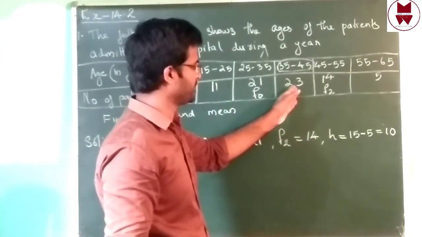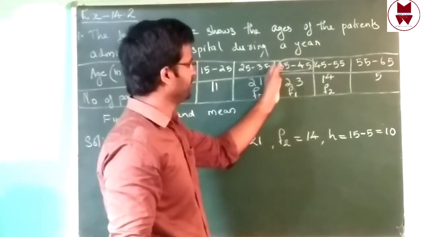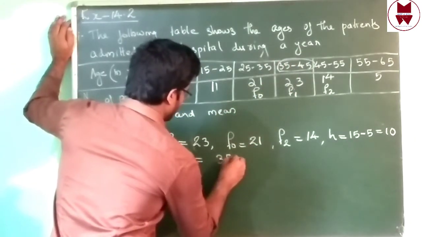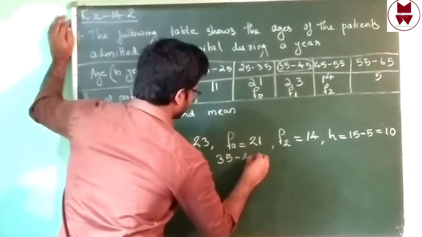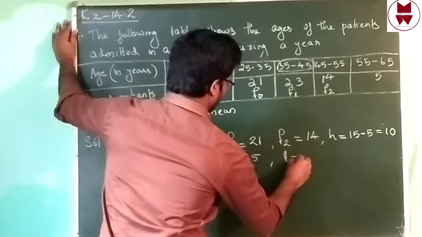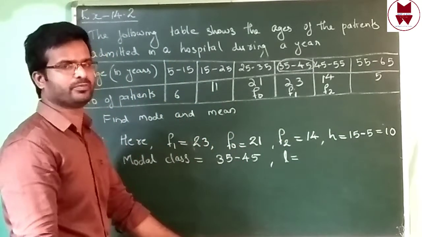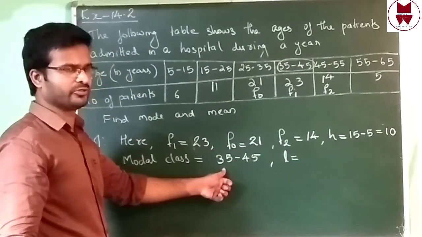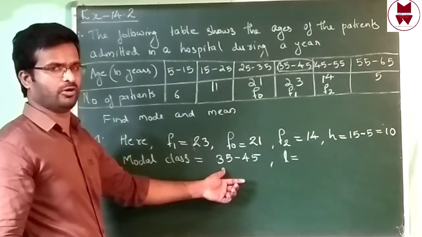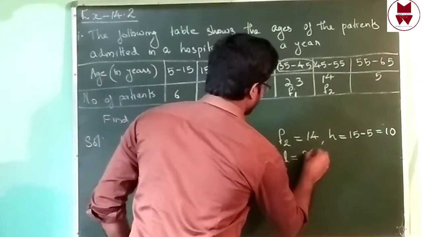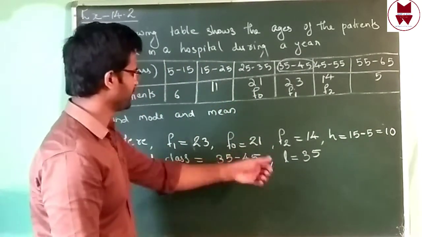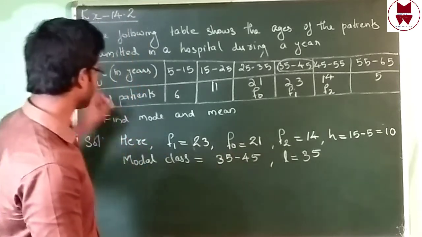Here the highest frequency is 23, and at the same level the interval is 35 to 45, that will be our modal class. Then L means lower limit of modal class. 45 is the upper limit, 35 is the lower limit. We can write L equal to 35. Now we have got all the variables.